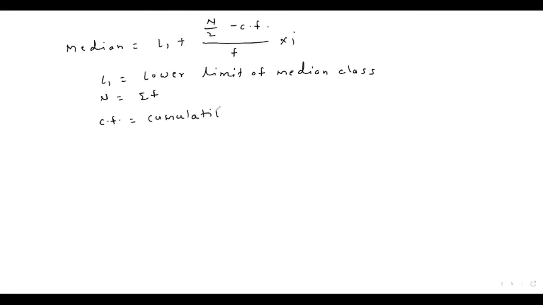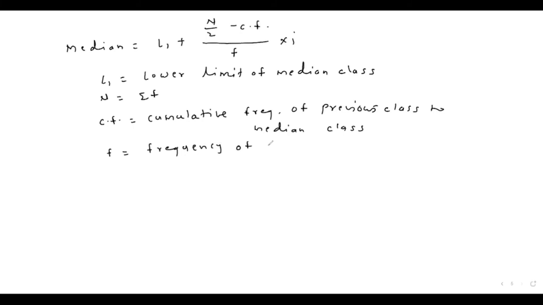F is the frequency of the median class. And I is the class interval of the median class.